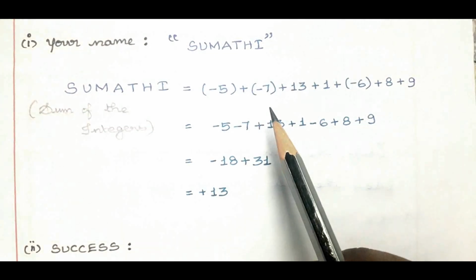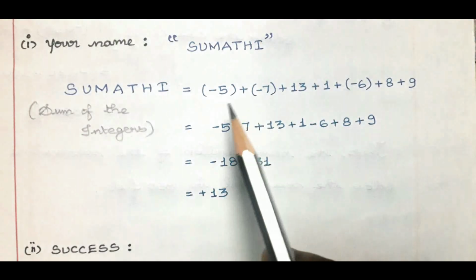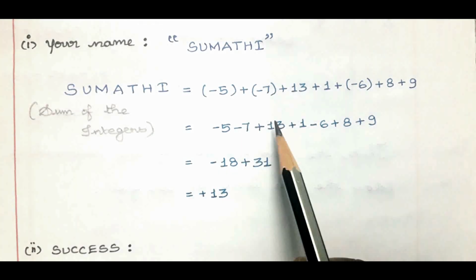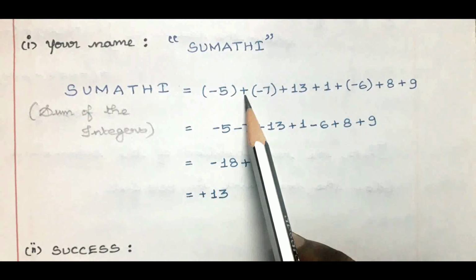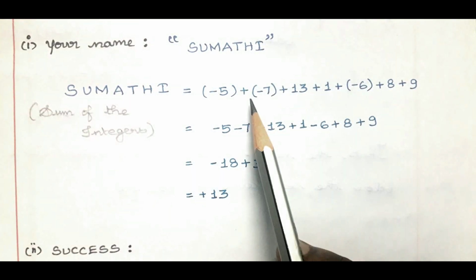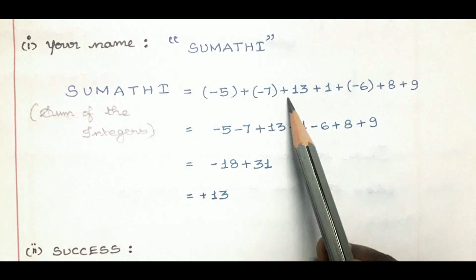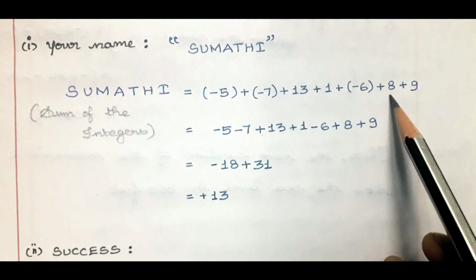Already in the previous class I have said that if the integers have the same sign, just add them and put the same sign. Before that, when both the signs are near each other, we have to go for the multiplication of integer signs. So minus 5 as it is, plus into minus is minus 7, plus 13, plus 1, plus into minus is minus 6, plus 8, plus 9.